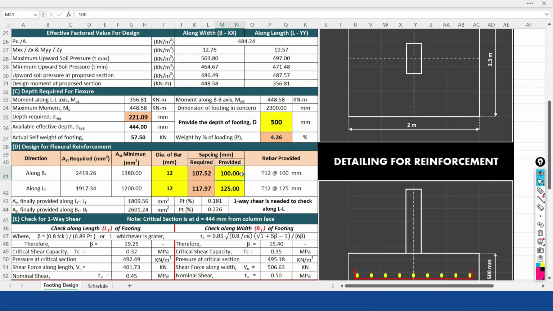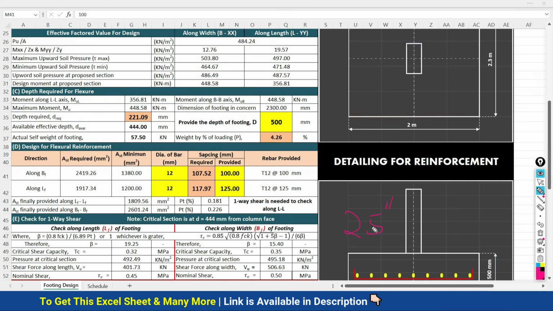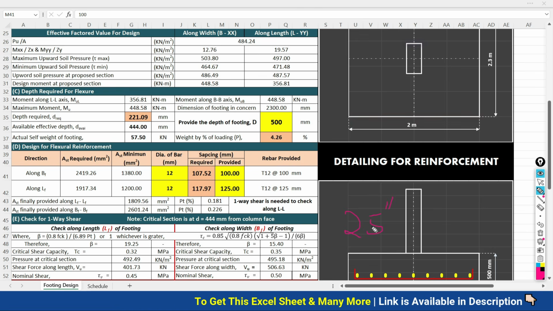So take the lower value by a rounding factor of 25 mm, because 1 inch equals 25 mm. It is again the practical thing. Whenever the site is going to be executed based on your design, it should be easy to execute. So on site 1 inch equals 25 mm.